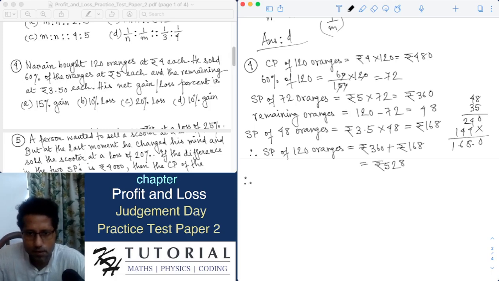Therefore, since the selling price is more, we have a gain. This gain is based on 120 oranges.